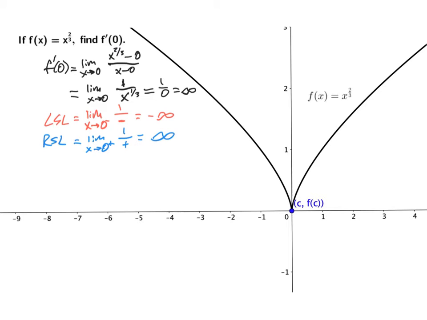And if you take a look at the graph, this supports that. The derivative, the slope, because remember these limits are the derivatives, is getting infinitely steep negatively, and then to the right it's starting out infinitely steep positively. So that's where we get the negative infinity and the positive infinity.